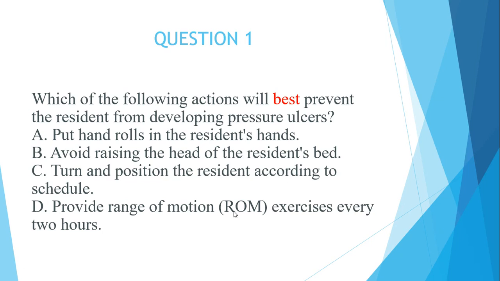If the question has something like best, most appropriate, or least appropriate, have in mind that all the options might be correct. You are expected to select the best among those options.